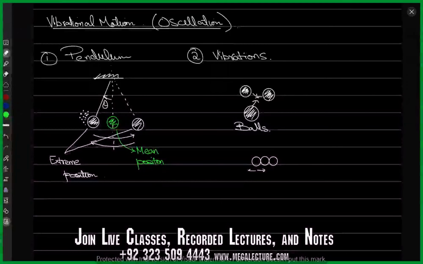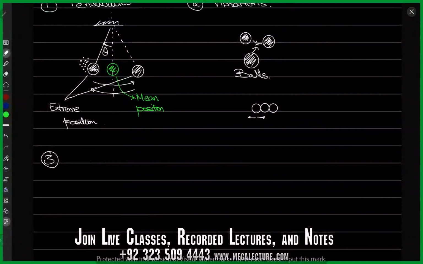Now let's talk about the third one, which is something that we'll also completely focus on in this chapter. But it does not mean that we're limited to that particular motion. In fact, it turns out that anything in the universe can be modeled as this simple harmonic motion.